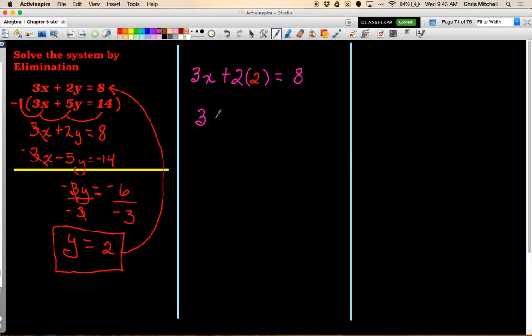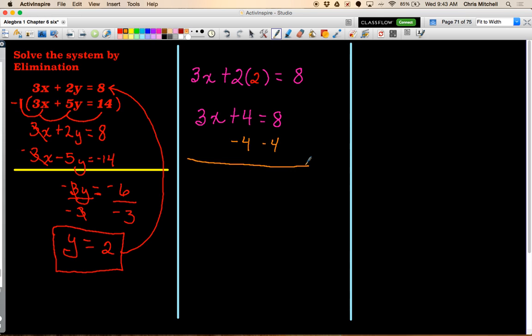We have 3x plus 4 equals 8. So we're going to have to subtract 4 from both sides. If you don't do it from both sides, you're not going to get the right answer.